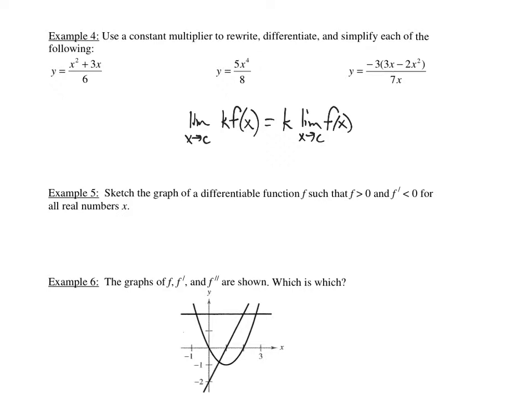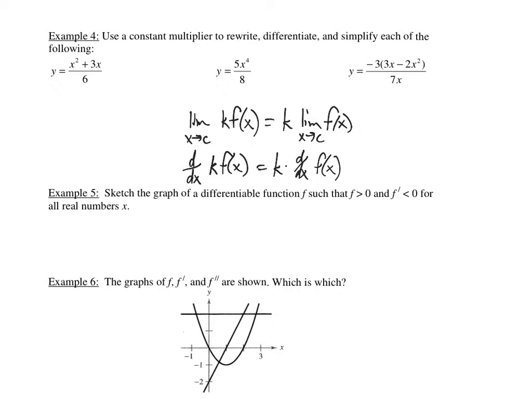Okay? Well, because derivatives are limits, the same thing applies. If I'm taking the derivative of some constant times a function, I can take the constant out and multiply it by the derivative of that function. Okay?